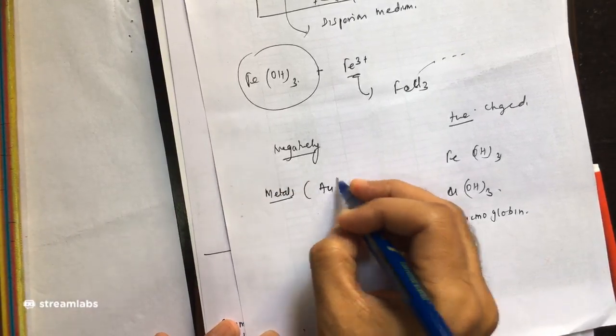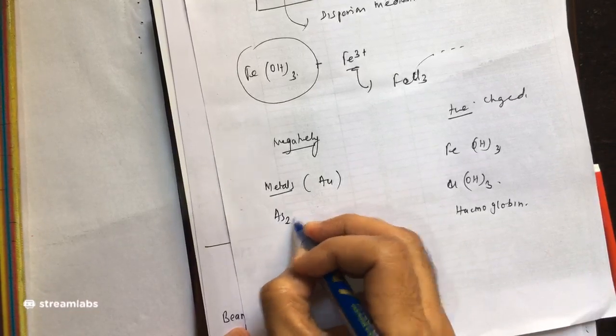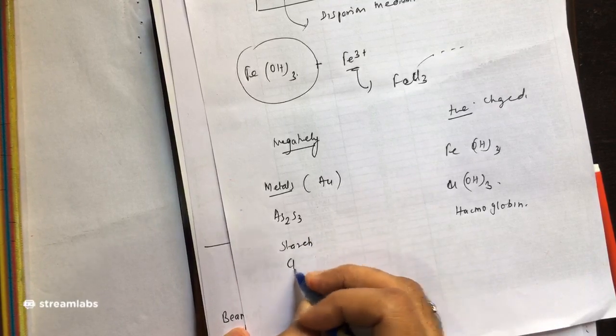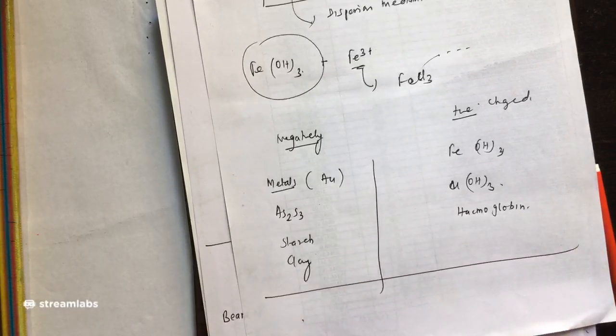Example, gold is negatively charged, platinum is negatively charged, we have arsenic sulfide As2S3, starch is negatively charged, clay is negatively charged. All these are negatively charged and all those are positively charged particles.